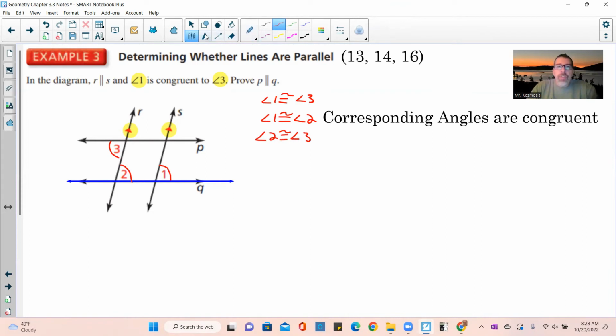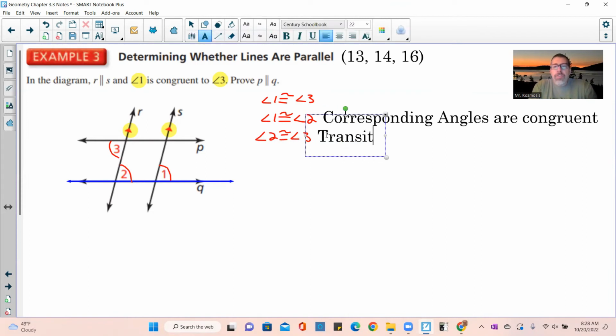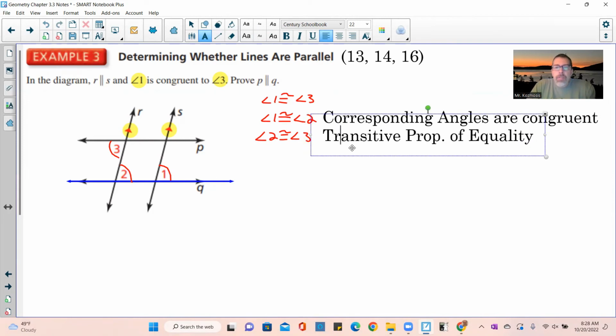And the reason for that is the transitive property of equality. Okay. So since 1 is congruent to 3 and 1 is congruent to 2, then 2 must be congruent to 3.